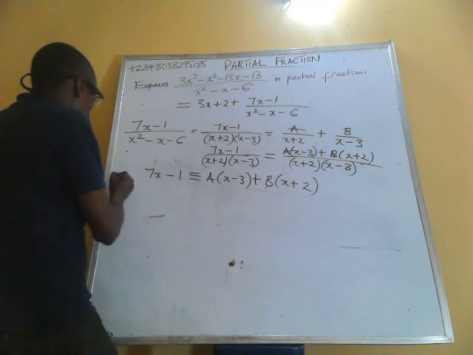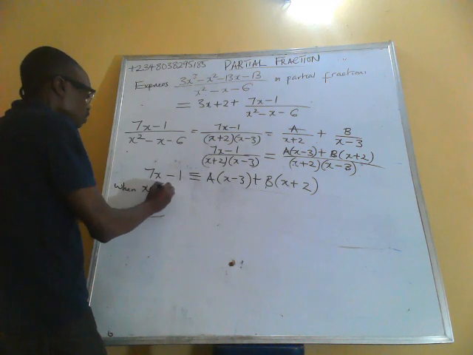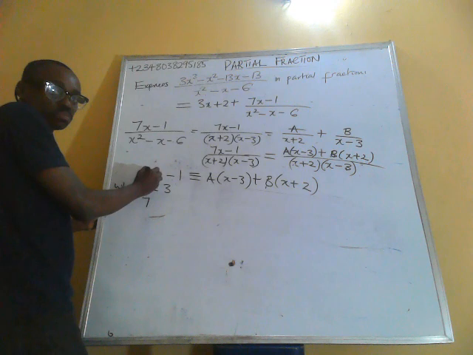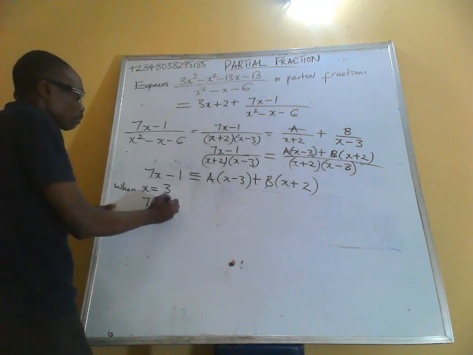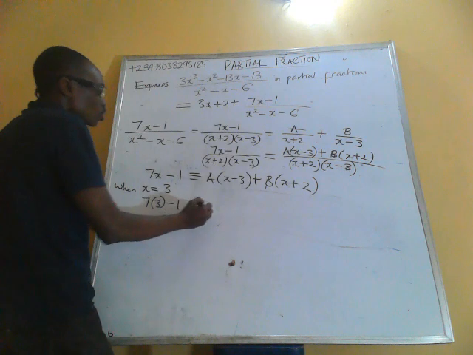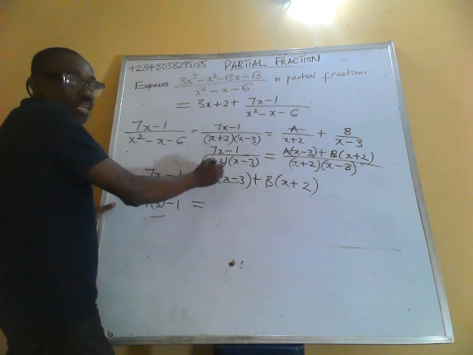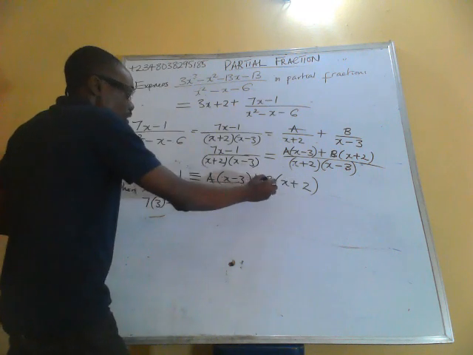So when x is equal to 3, we put 3 where we have x. That will be 7 times 3 minus 1 equals, everything here will become 0 because 3 minus 3 is 0 times A, 0. Let's forget about that side and just jump to this other part. Then you have B.